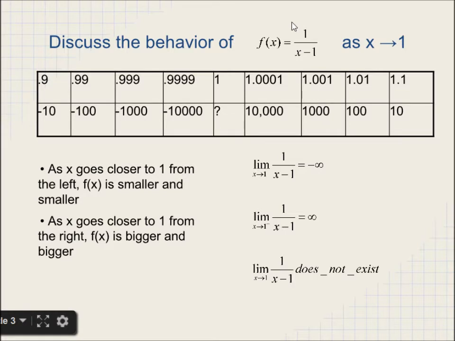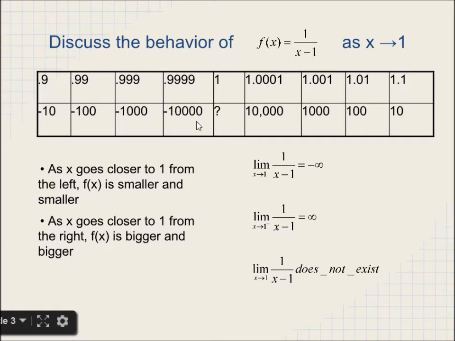Let's check the behavior of the function f(x) = 1/(x - 1) as x approaches 1. Using the tabular method, we take points close to 1 on both sides of 1. As x goes closer to 1 from the left, f(x) is smaller and smaller, because as the negative number's absolute value increases, it becomes smaller.